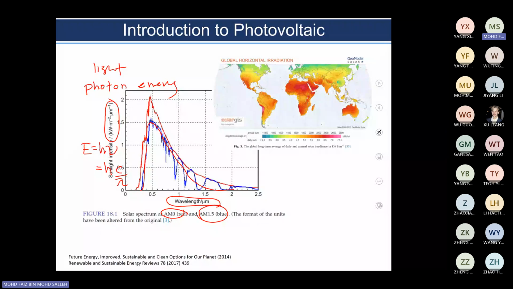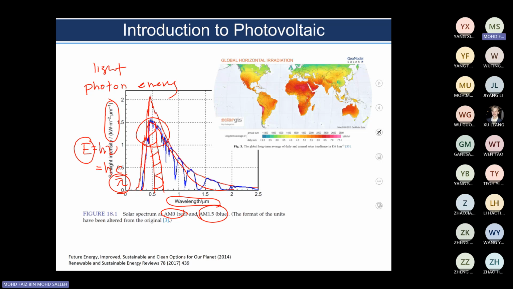And then you know that the energy depends on the wavelength. So you need to choose a material that can absorb, especially at this peak, that much energy.